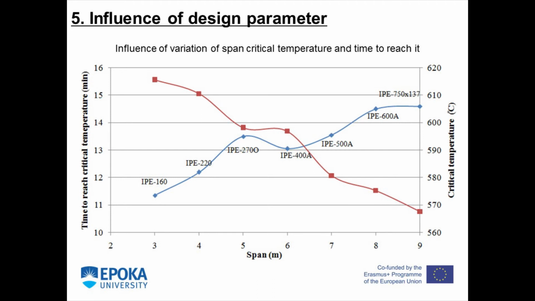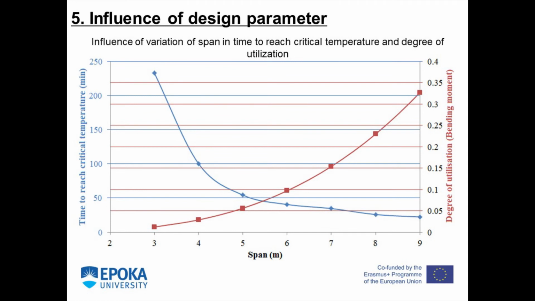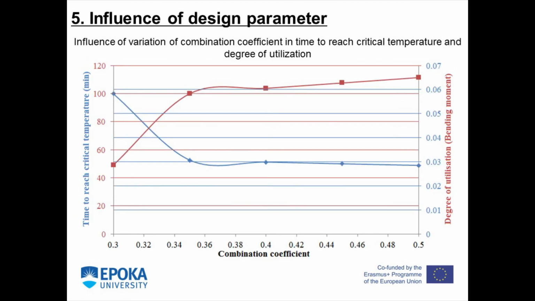The influence of variation of span on time to reach critical temperature and degree of utilization is presented in this slide. The influence of variation of combination coefficient on time to reach critical temperature and degree of utilization is presented in this slide. The influence of variation of self-weight is presented.